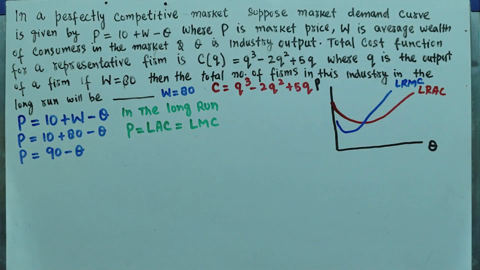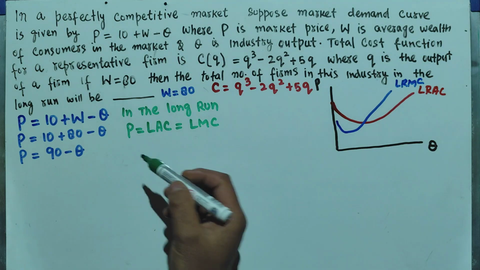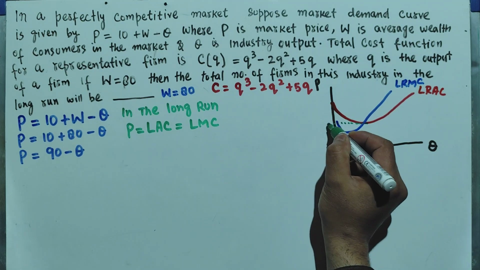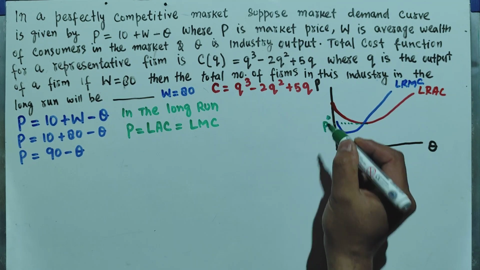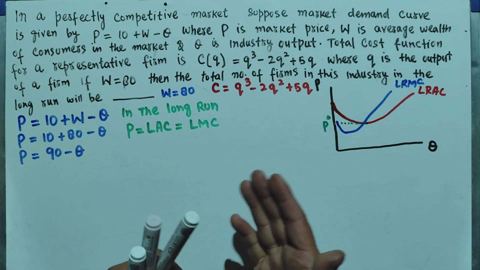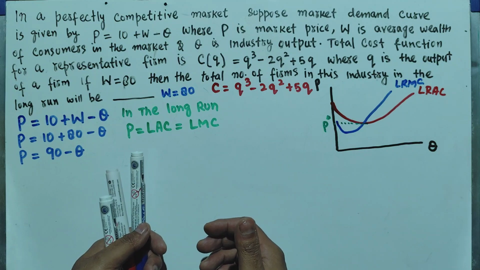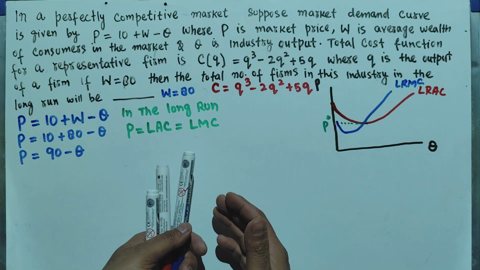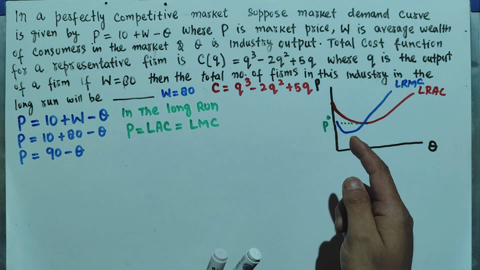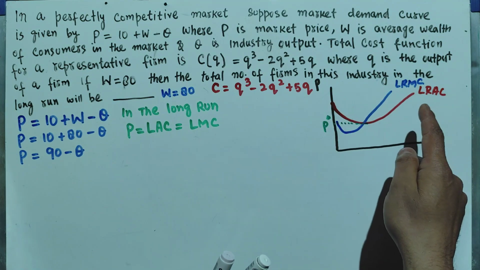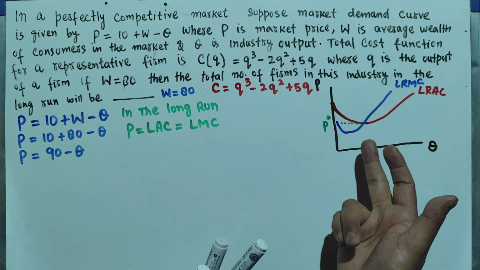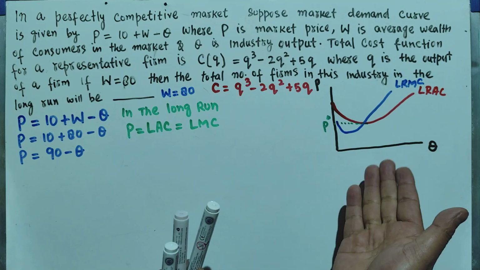What is the price that is being determined? So price is actually equal to, and let me draw it here, this will be the price. Okay, let us say this is the P star. The price that will be determined in the long run will be equal to the long run average cost, which is equal to the long run marginal cost. The point is that where the marginal cost and average cost intersect with each other, at that intersecting point, we get the corresponding price in the market.